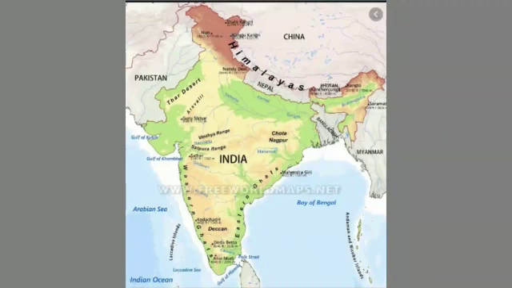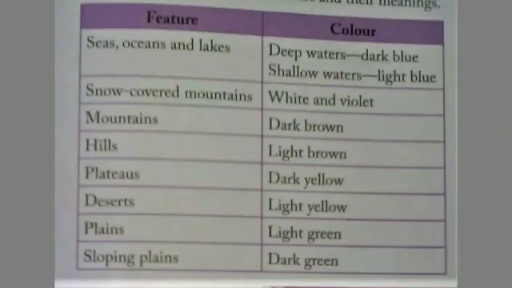For example, 1 foot is to 10,000 feet, which means that 1 foot on the map represents 10,000 feet on the ground. Now, colors. Different colors are used in a map to depict different landforms and water bodies. See, the table is given below that shows the lists of some common colors and their meanings.